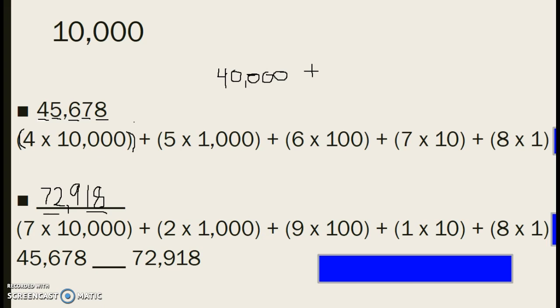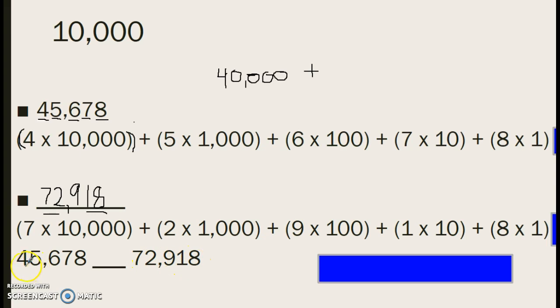Well, if they want to make as much money as they can and allow the most number of people to attend the game, because they will all want to watch soccer, so all of these fans want to fit into a stadium. So which one would they pick? Would they pick the one with 45,678, or would they pick the one with 72,918?